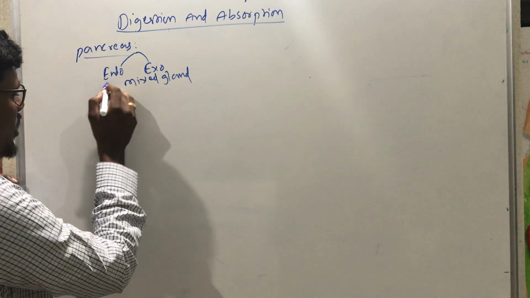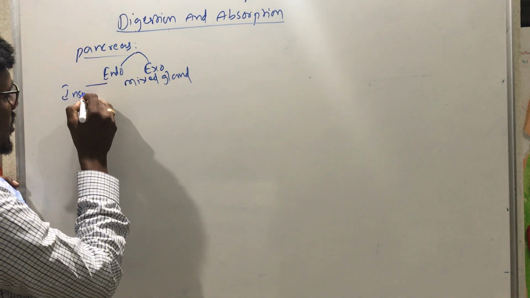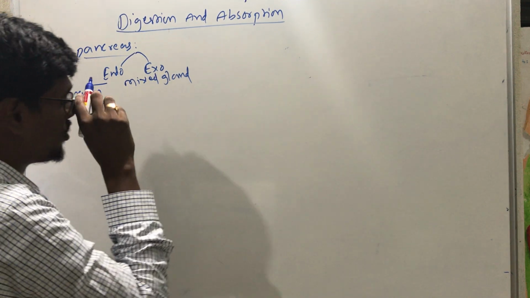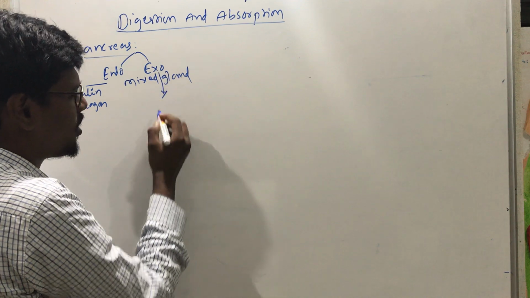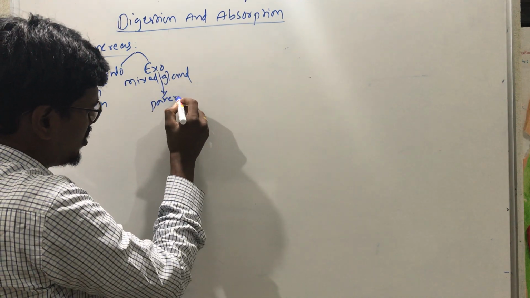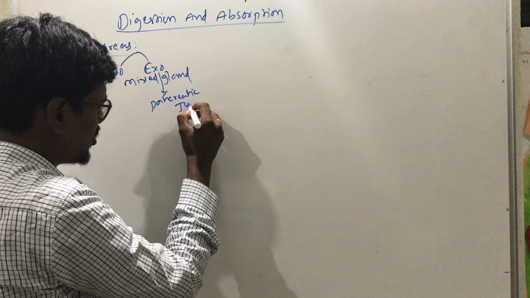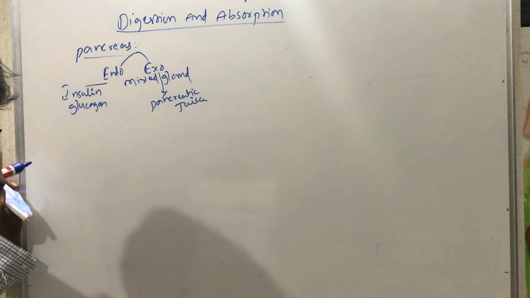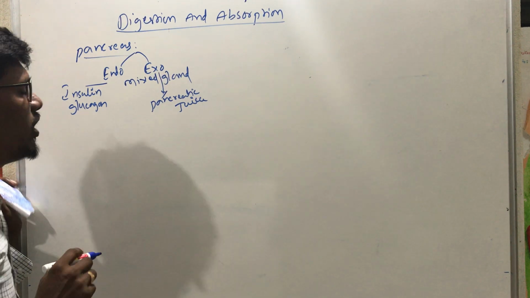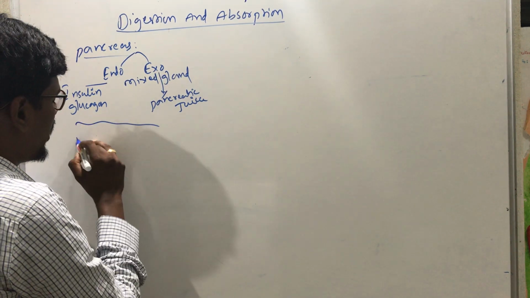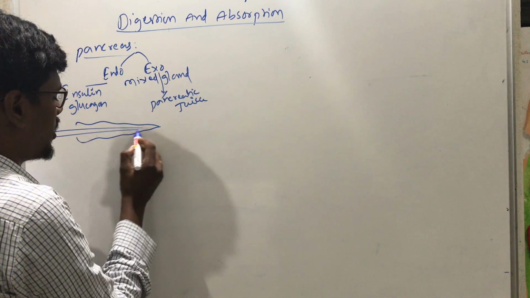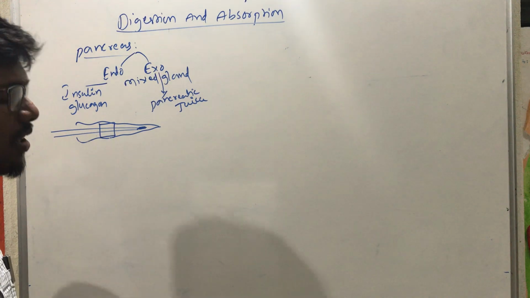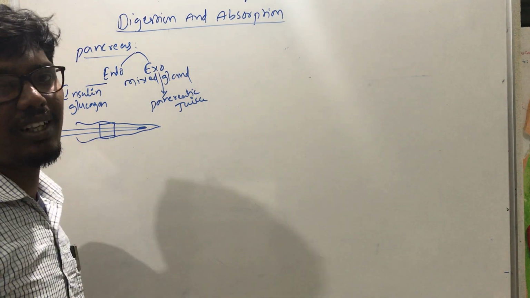The endocrine part releases insulin and glucagon, and the exocrine part releases pancreatic juice. We will see the pancreatic transverse section. We will cut a piece and look at it.